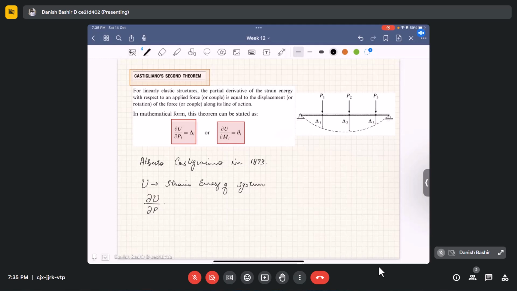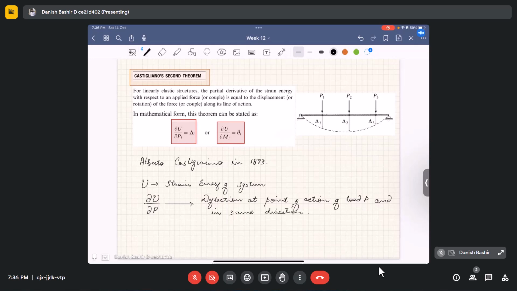What you get from this ∂U/∂P is the deflection at the point of action of load P, and in the same direction.